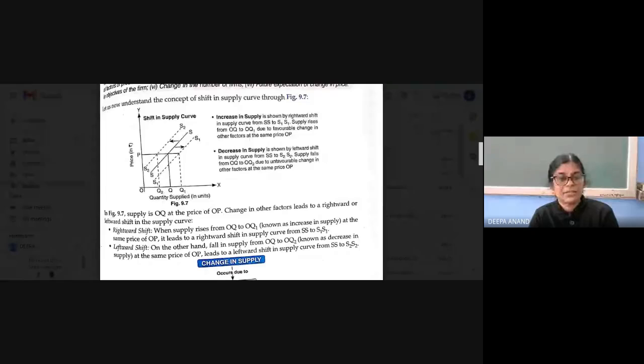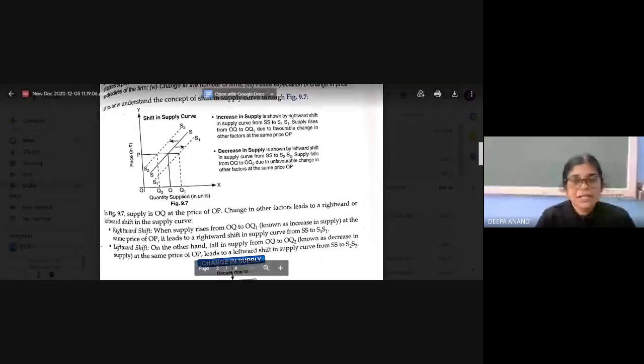So here, change in supply happens because of the change in the other factors, isn't it? Change in supply occurs due to change in the factors other than price. And this leads to a shift in the supply curve. And the shift can be a rightward shift or a leftward shift. Rightward shift is known as increase in supply, and the leftward shift is known as decrease in supply.